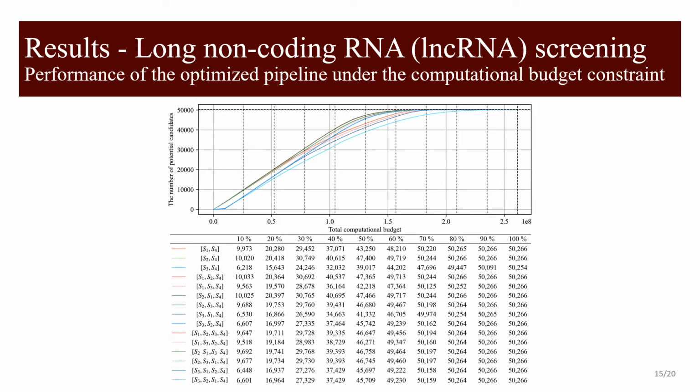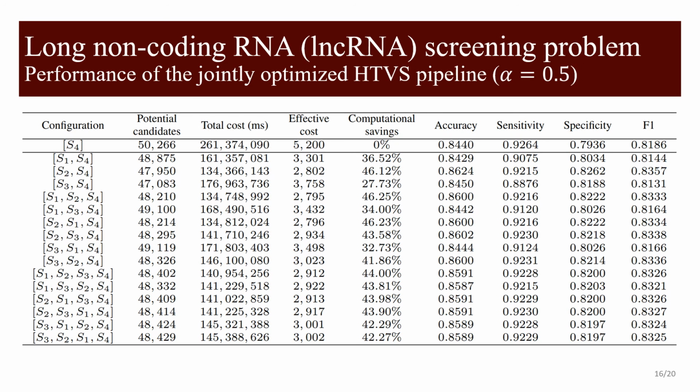We validated the performance of the pipelines jointly optimized through the proposed framework when there is no budget constraint. On average, the optimized pipelines selected 48,372 potential candidates out of 50,266 true potential candidates throughout the simulation at the effective cost of 3,067.